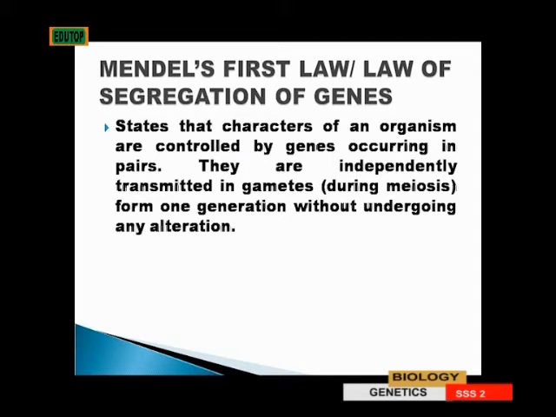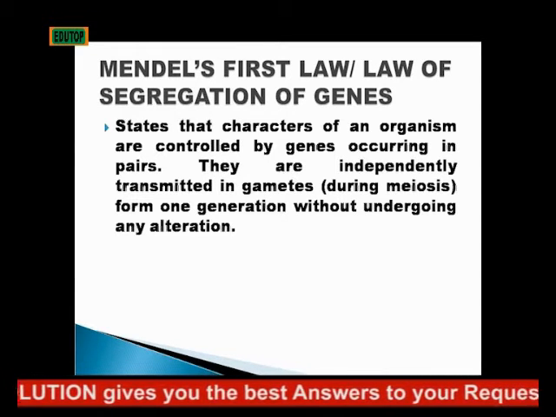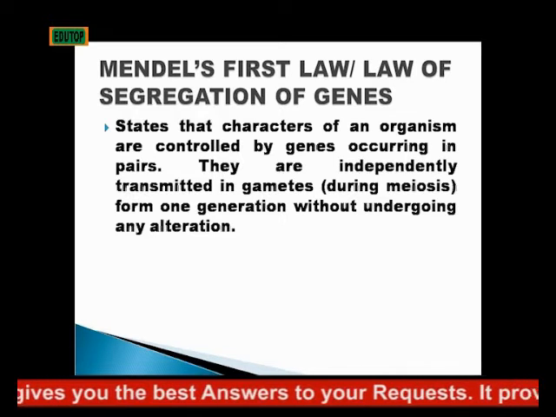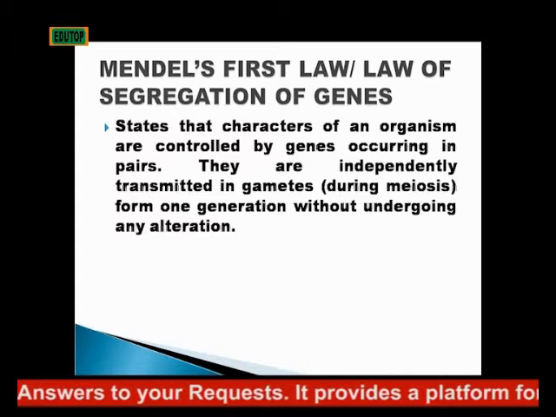I'll take that again. Mendel's first law, or the law of segregation of genes, states that characters of an organism are controlled by genes occurring in pairs. They are independently transmitted in gametes during meiosis from one generation without undergoing any alteration.